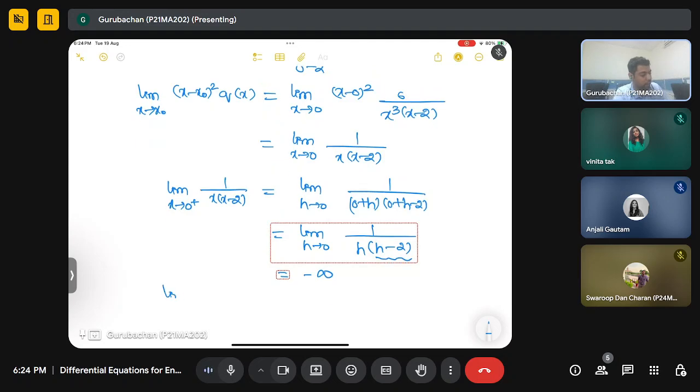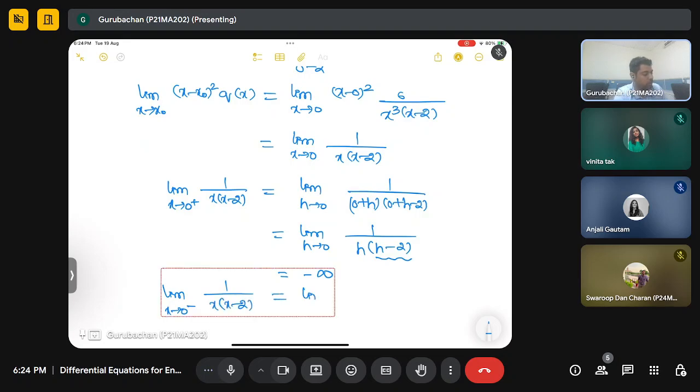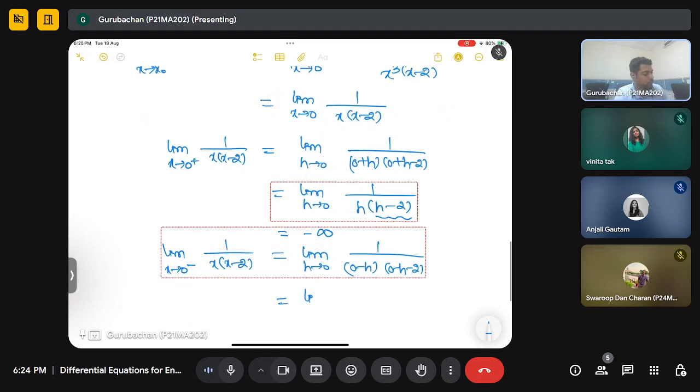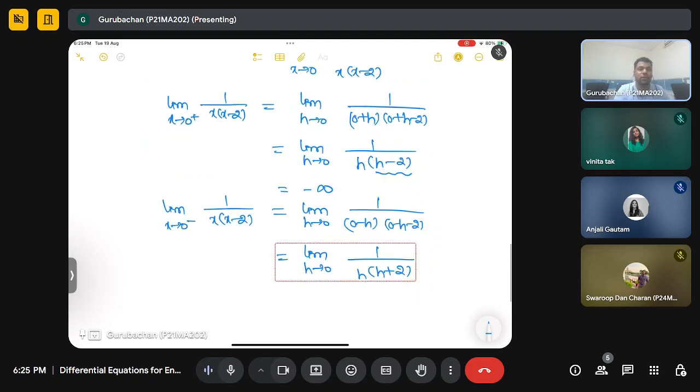While limit x tending to 0 minus, 1 by x into x minus 2, this will be limit h tending to 0, 1 by 0 minus h, 0 minus h minus 2. So this will give you limit h tending to 0, 1 by h into h plus 2. Since we are approaching from the negative side and h will be a negative quantity, so this will again tend to infinity, in fact minus infinity.